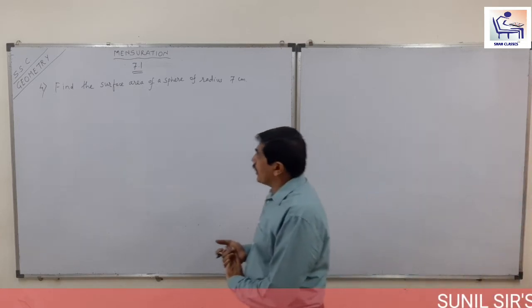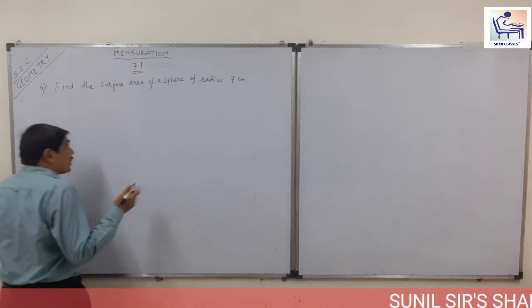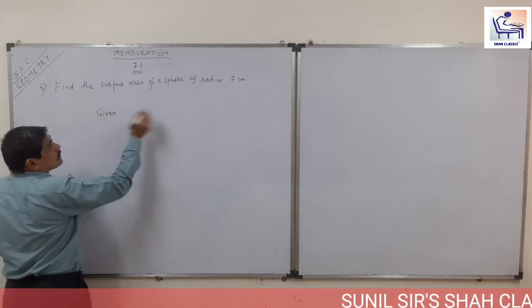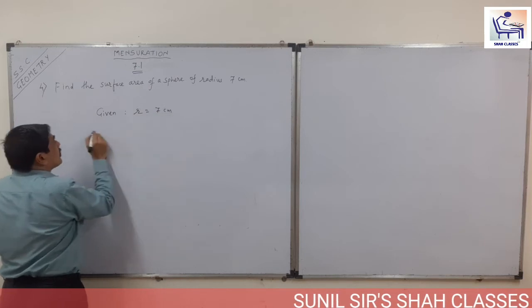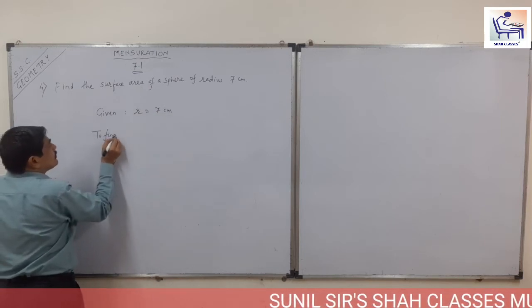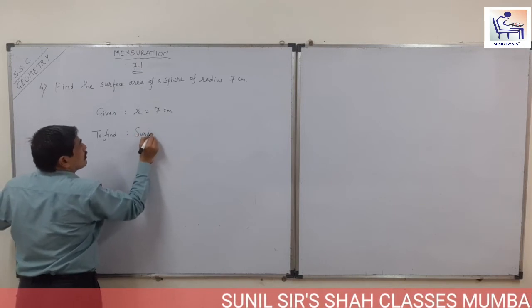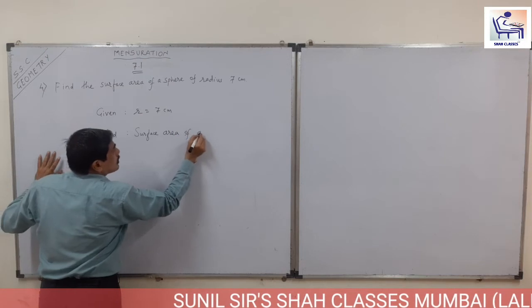Now we have to find out the surface area. Okay, in this, what is given here in this sum? Given radius is 7 centimeter, and what we have to find out? Surface area of a sphere.